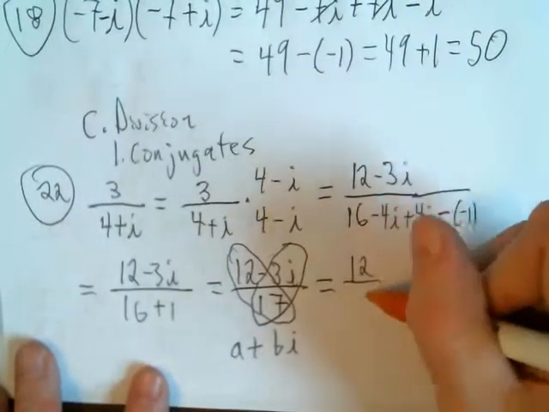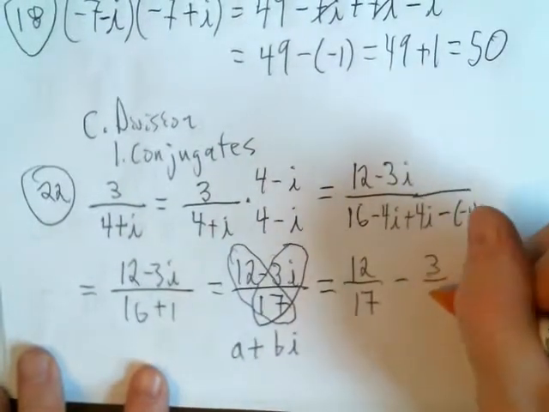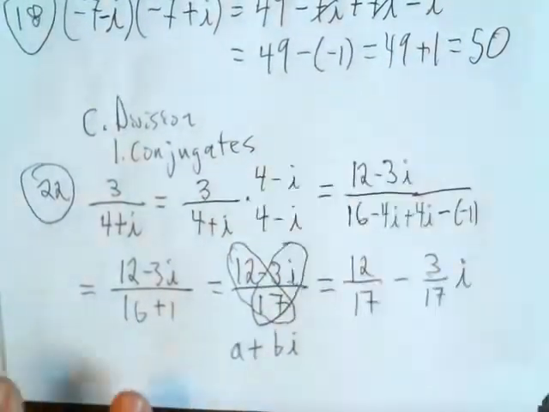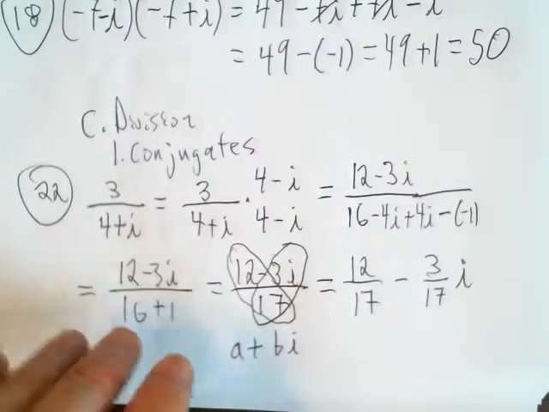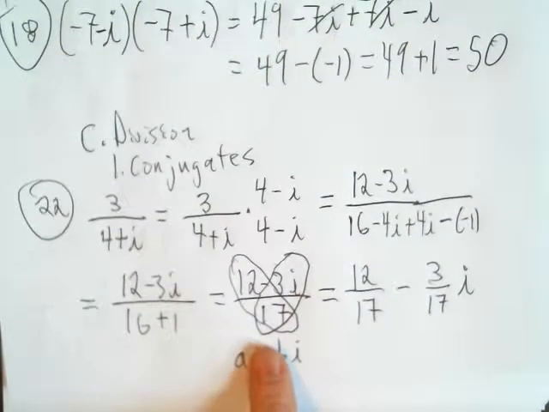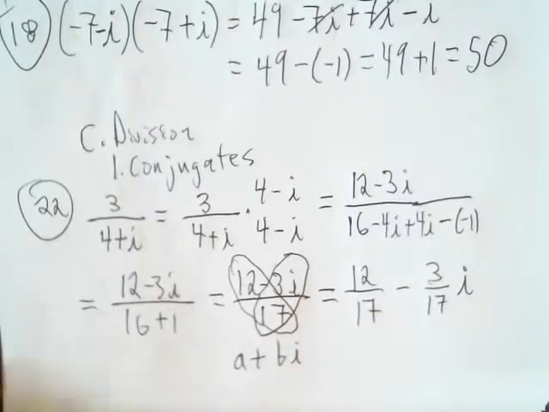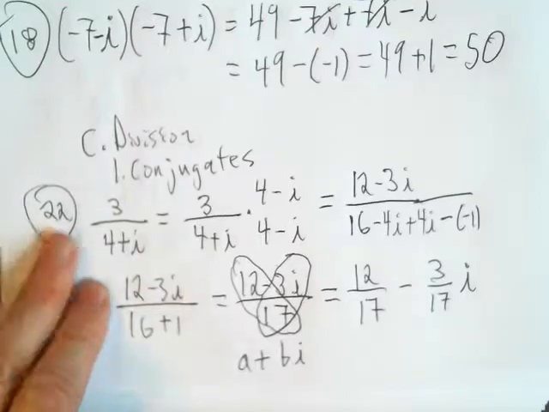And you get 12/17, which is the real part, minus 3/17 i, which is the imaginary part. Okay, so it's not enough just to get here, and probably that was okay in previous classes in high school. That's not good enough for us. We want you to go all the way and put it into this complex form.